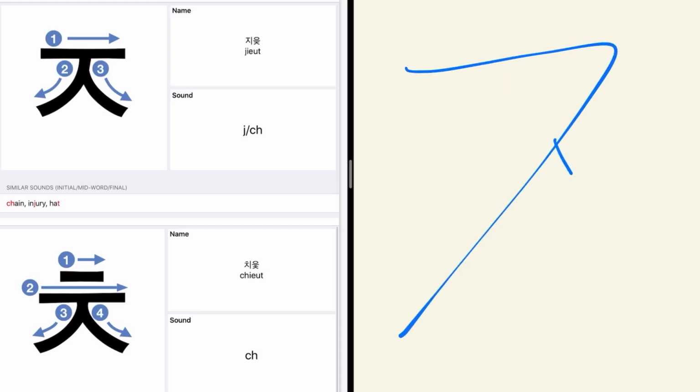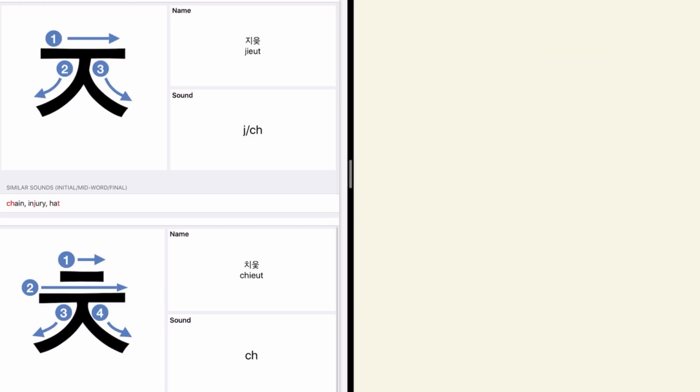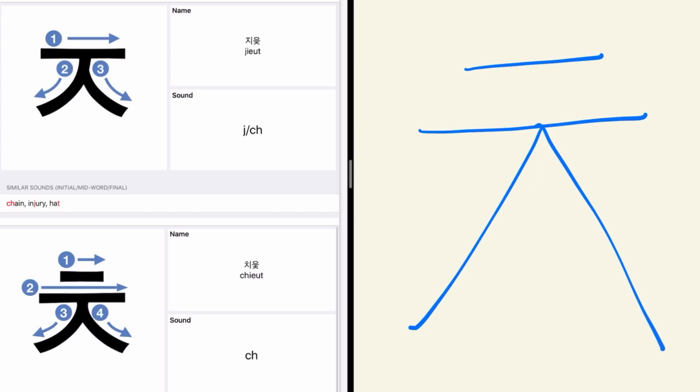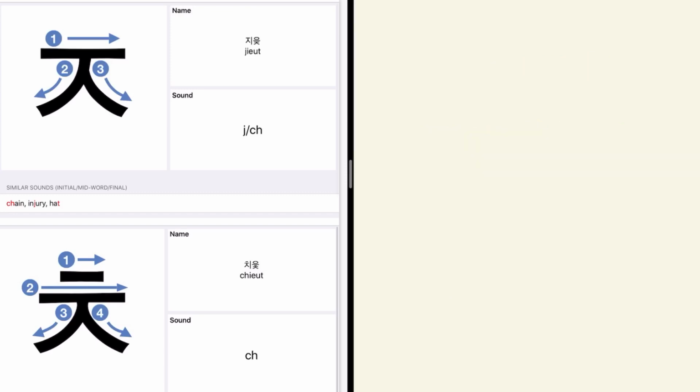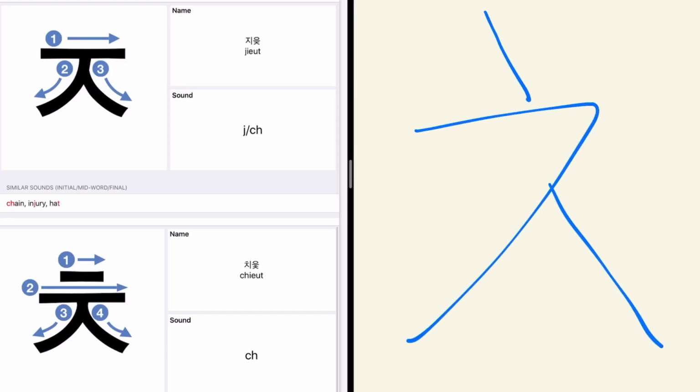1, 2. Okay. And next one is 치읒. 1, 2, 3, 4. And most Koreans use this like 1, 2, 3, like this.